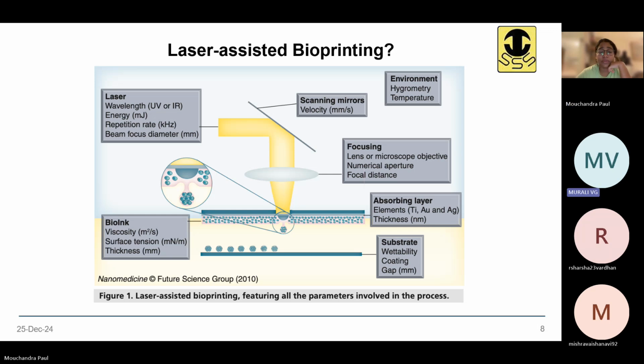And what it also does is that it doesn't allow the bioink or the cells in the bioink to directly get in contact with the laser. So laser induced or light induced cell damage is minimized by the presence of this absorbing layer.